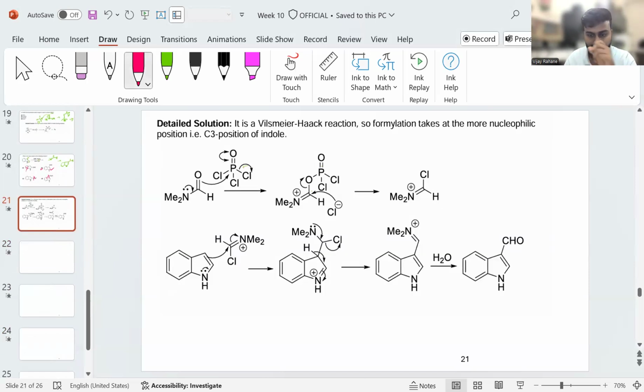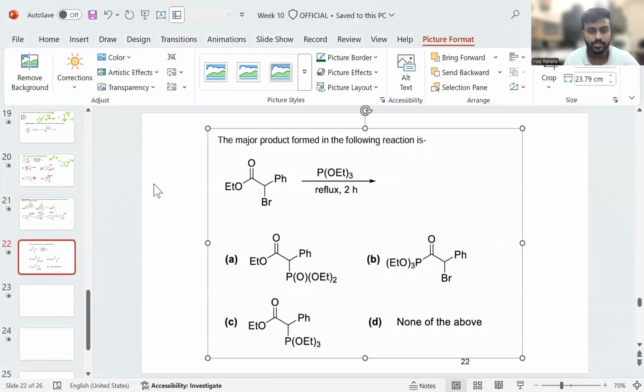Then another question, I will take one more question. So if you have the alpha bromo ester, so better I will try to show it directly here.